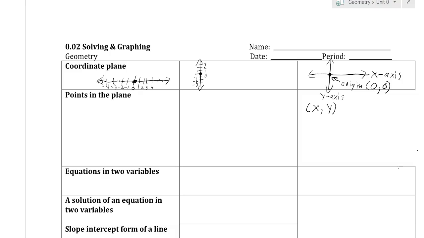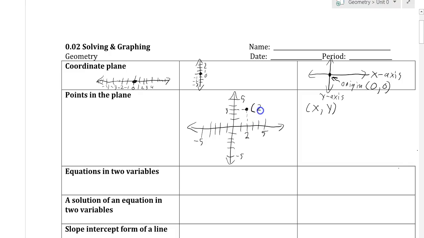And then in this manner we can define any point in the plane. 1, 2, 3, 4, 5. Negative 1, 2, 3, 4, 5. If we want to know what this point is, you figure out how far you moved in the x direction and how far you moved in the y direction.